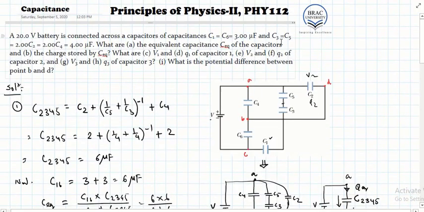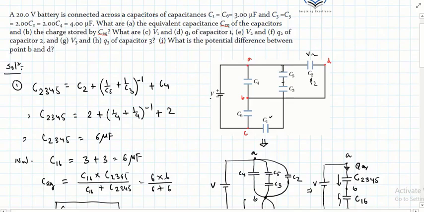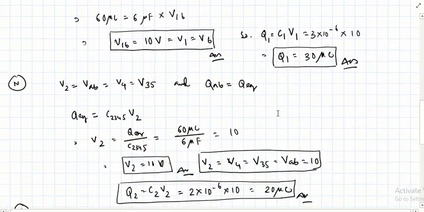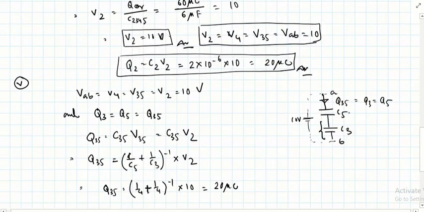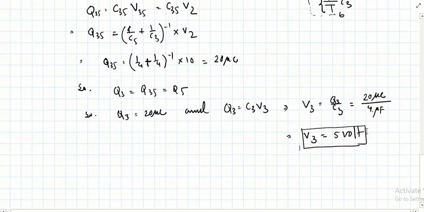Look at this, C3 and C5 are 4 microfarad. Across this combination of C3 and C5, the 10 volt is going to divide. It will be equally divided because the capacitances are equal, 4 microfarad, 4 microfarad. So that's how you find V3 is 5 volt. Fine, this is also answer number 4.